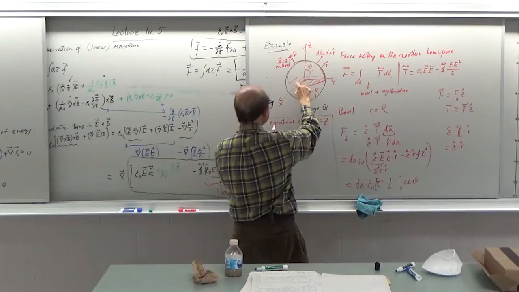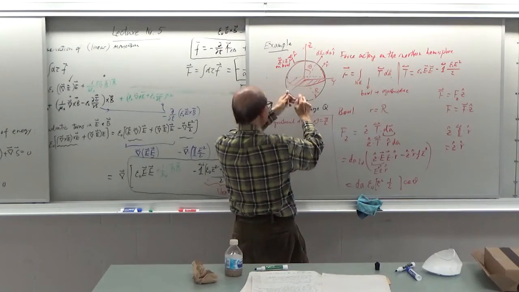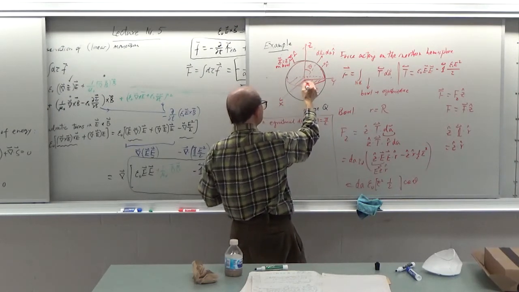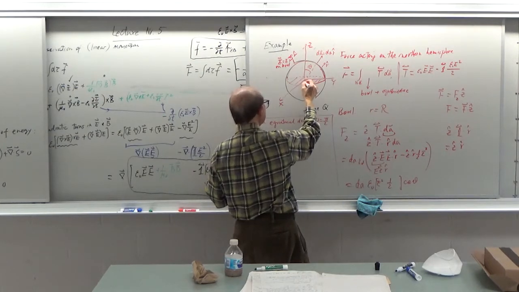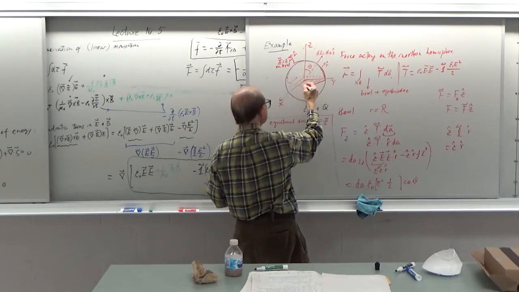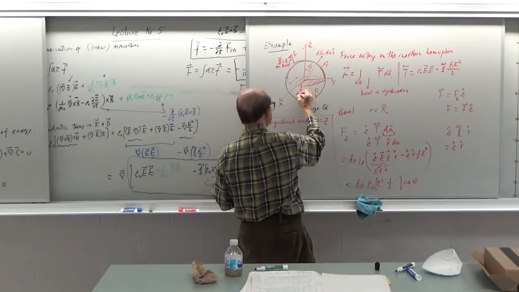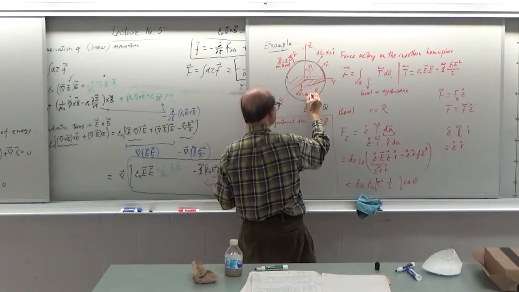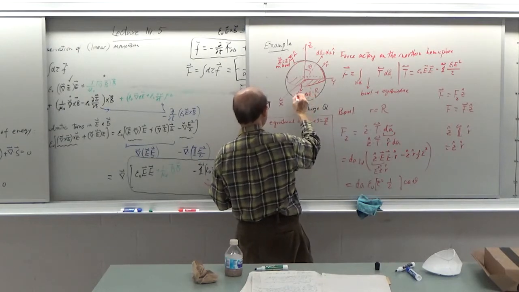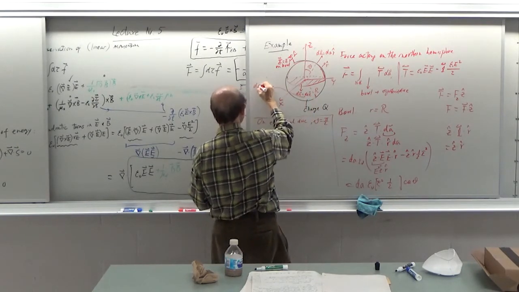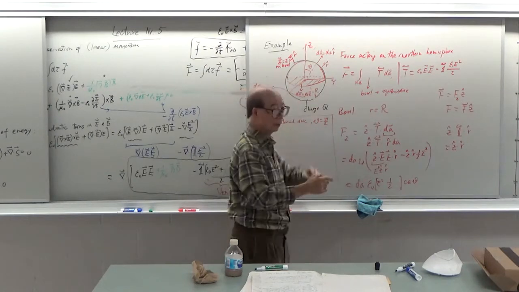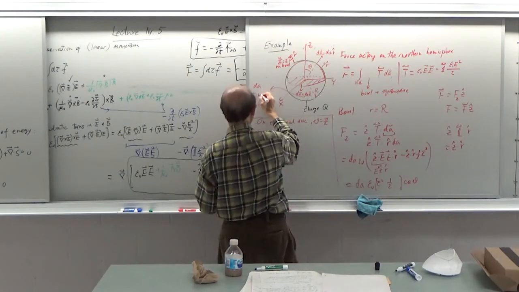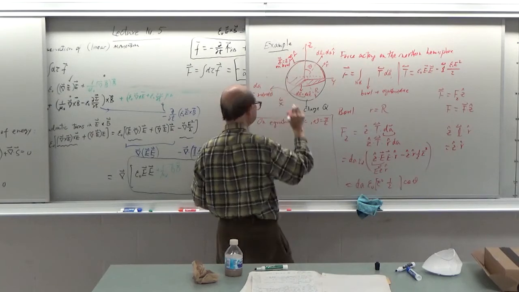And for this surface, the disk, dA points down. So dA is equal to magnitude times minus z hat, where dA here, we can use polar coordinates for this. So it will be r dr d phi.